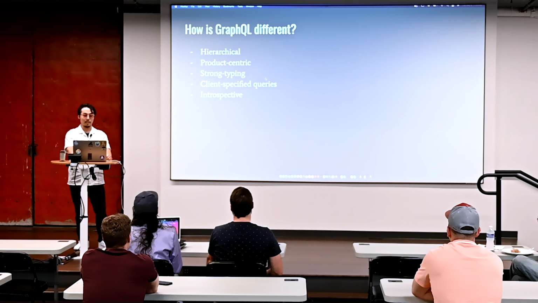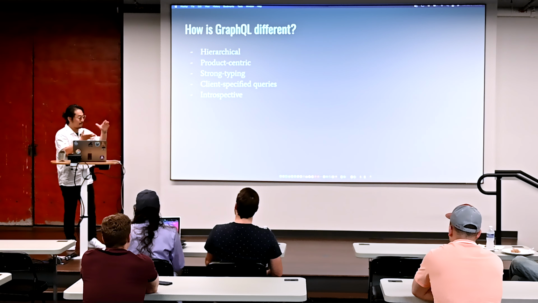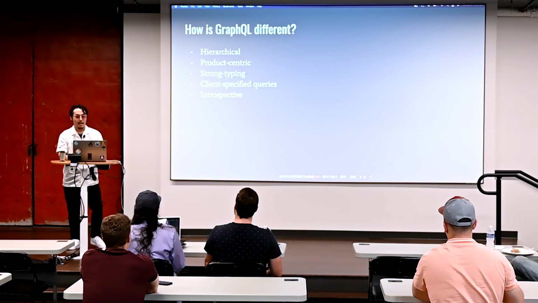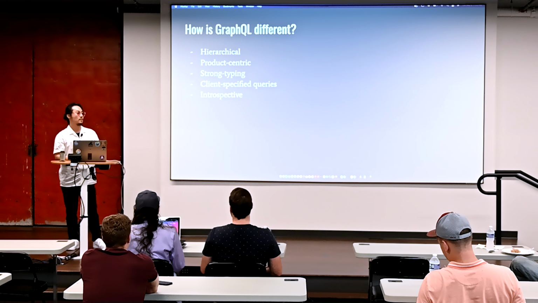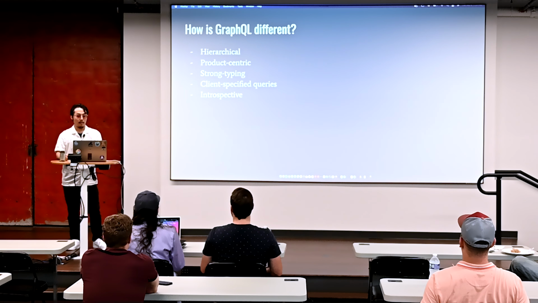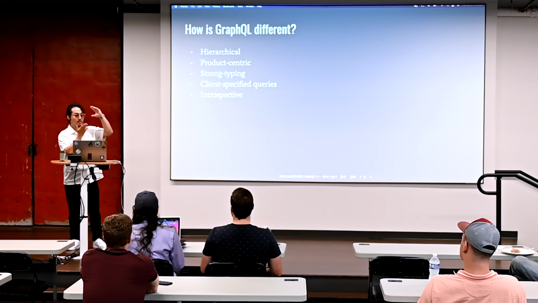And product-centric. Compared to REST endpoints, this is very dependent on the product use case. Instead of having a data model A that's exposed to a REST endpoint, this needs to be designed for a use case.